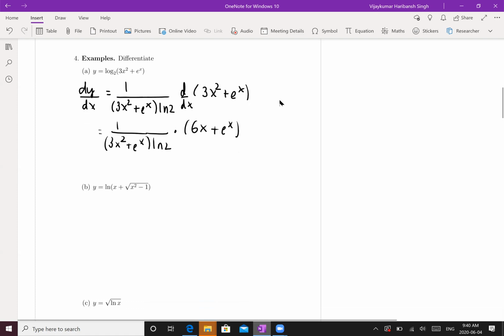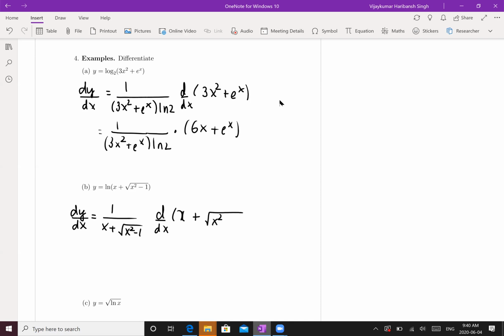Now let's look at the next one. So we have dy by dx. The derivative of ln x is 1 over x. So 1 upon (x plus square root of x squared minus 1) multiplied by d by dx of the inside, the derivative of x plus square root of x squared minus 1.